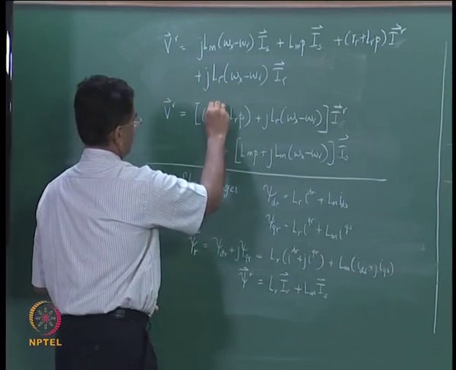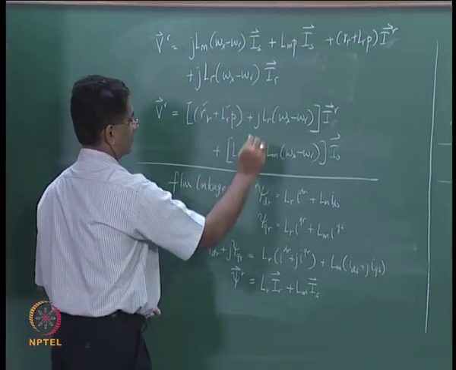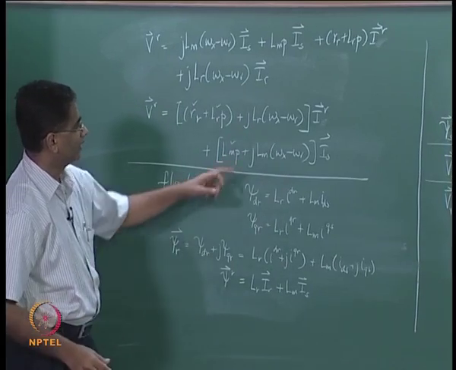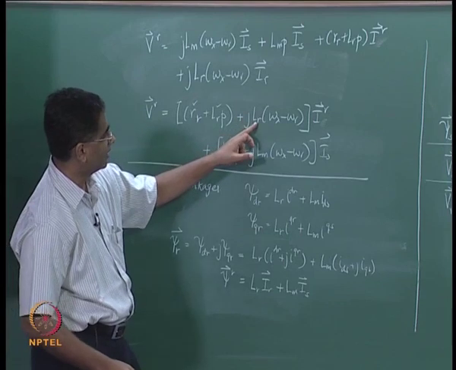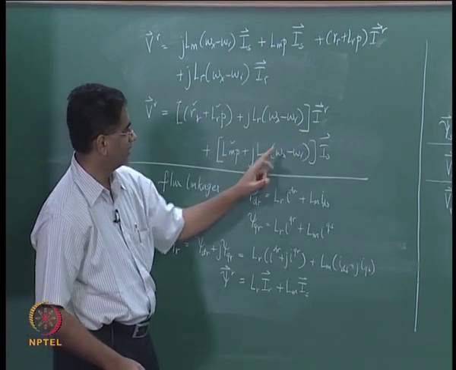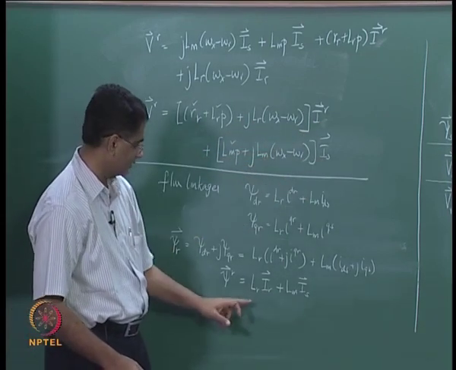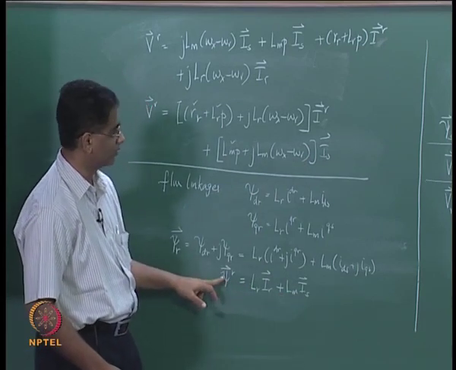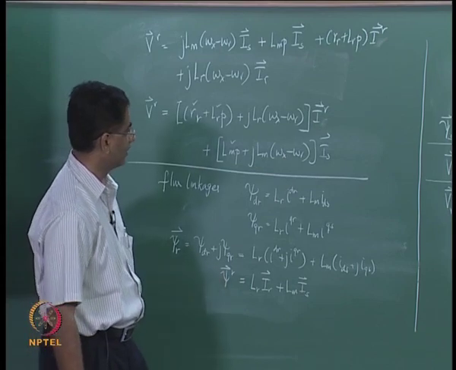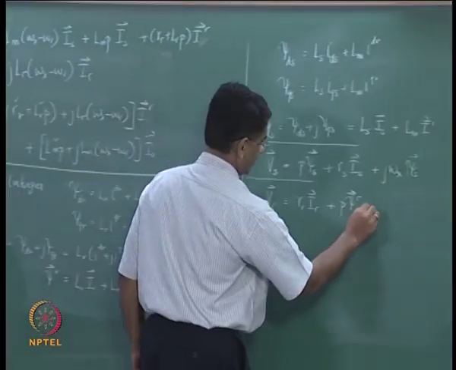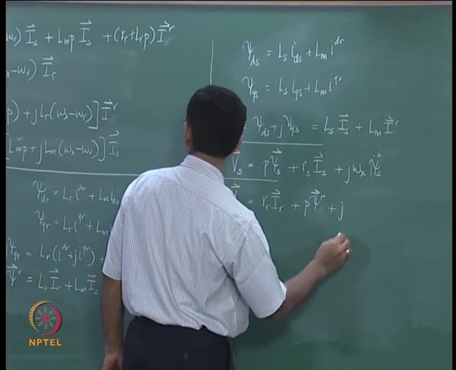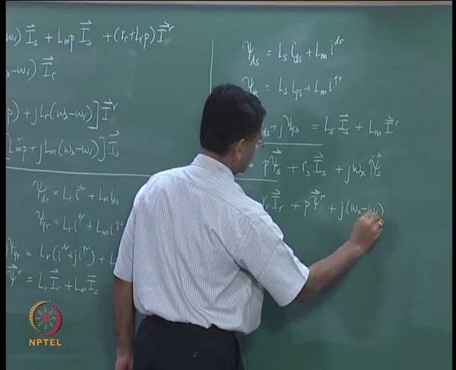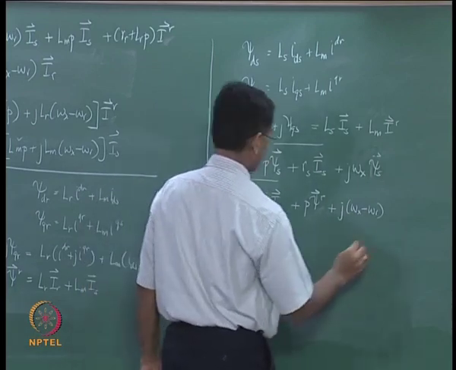So we have accounted for this term, this term, and this term, and then this term is nothing but Lr into IR plus Lm into IS. So that is again the space phasor of the rotor flux, and so this is nothing but j times omega x minus omega r into the rotor space phasor.